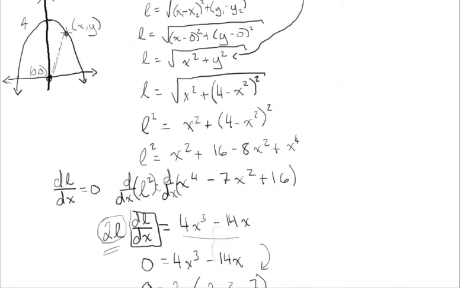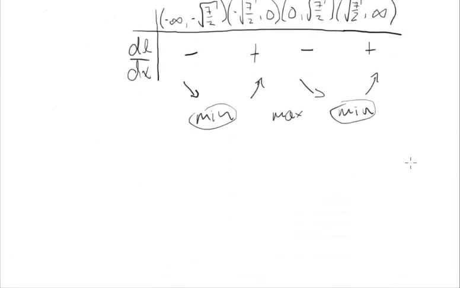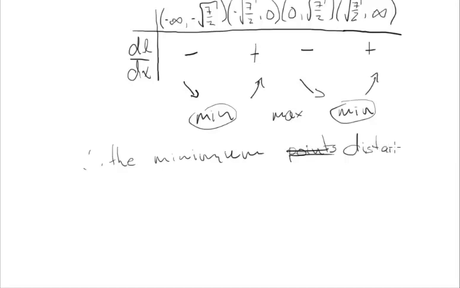Whatever point on the x, it's going to be the same distance on the other side of the y-axis. So the minimum points, or the minimum distances, will occur if x equals plus or minus root 7 over 2.